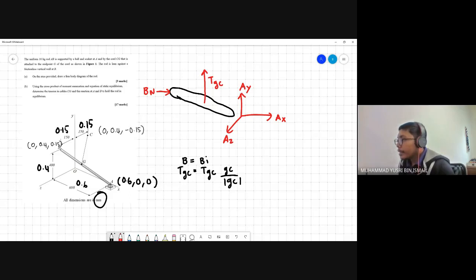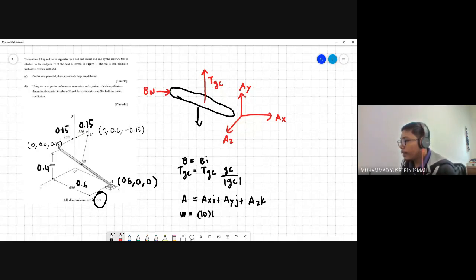Then the force at A will be AXi plus AYj plus AZk. Then not to forget the weight, W is equal to 10 times 9.81, which is equal to 98.1.